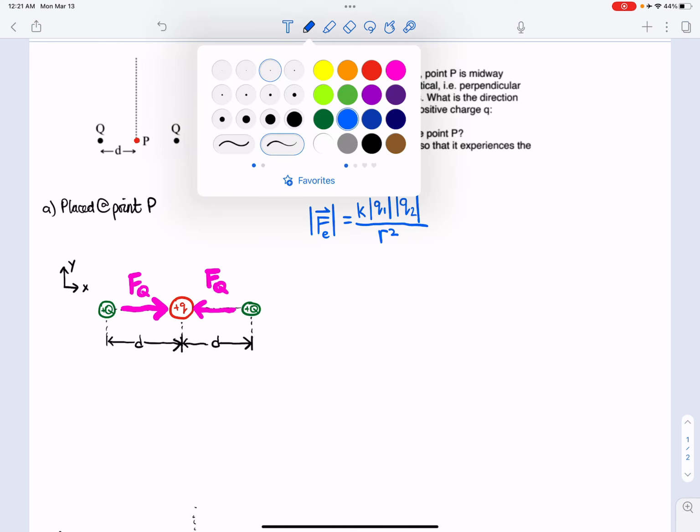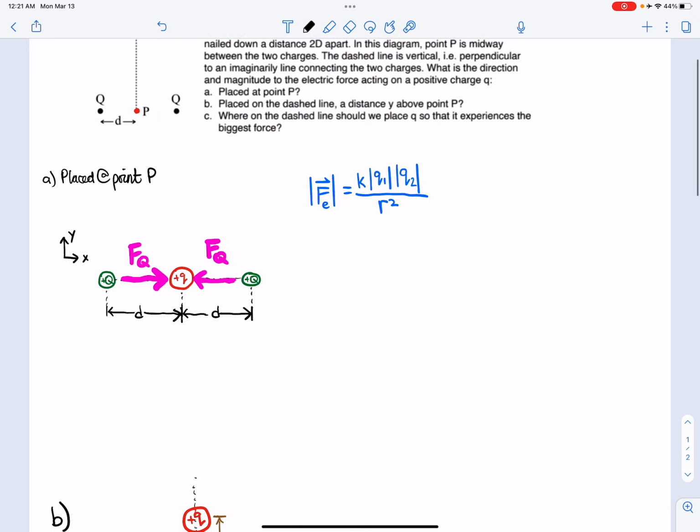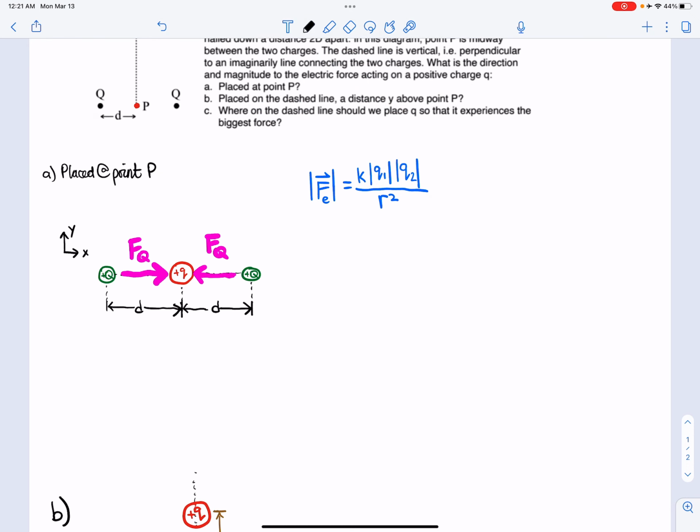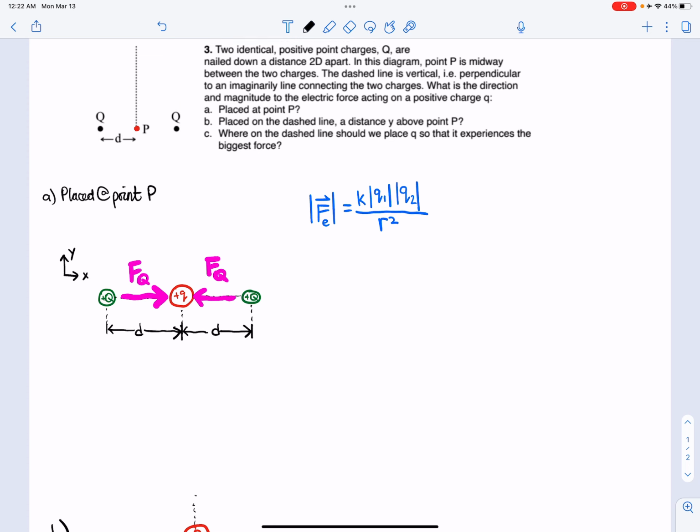So let's do that. First, I'm going to call this F1 and F2, okay? Even though they're equal and opposite forces, F1 and F2.